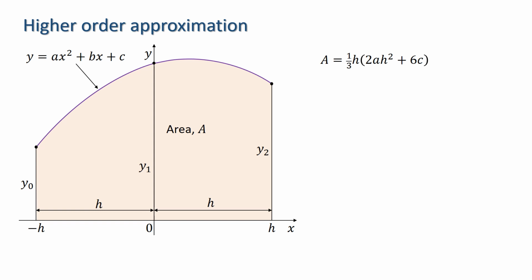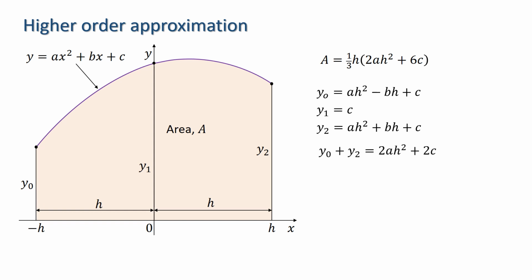To do this, we look at the coordinates of our 3 points. We have y0 equals ah squared minus bh plus c, y1 equals c, and y2 equals ah squared plus bh plus c. Adding y0 and y2, the bh terms cancel, leaving 2ah squared plus 2c.